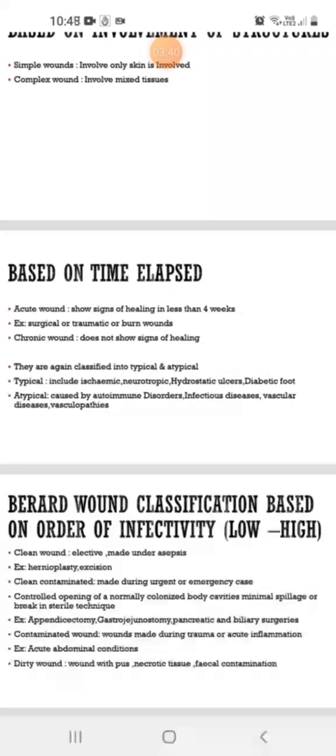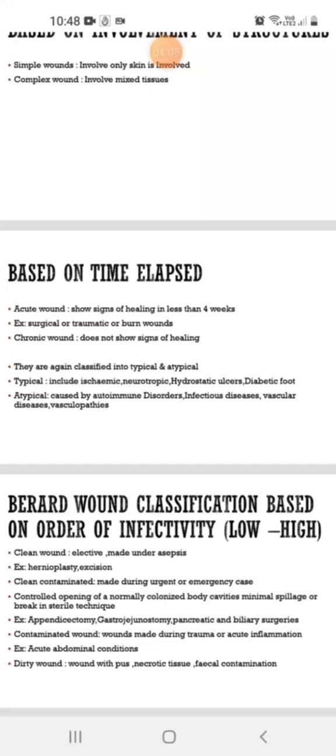Controlled opening of a normally colonized body cavity with minimal spillage or break in sterile technique causes clean contaminated wound. Example, appendicectomy, gastrojejunostomy, pancreatic and biliary surgeries. The infective rate is up to 30%.